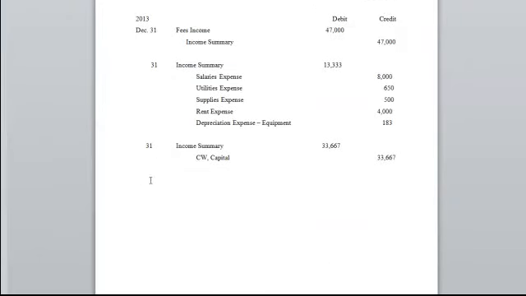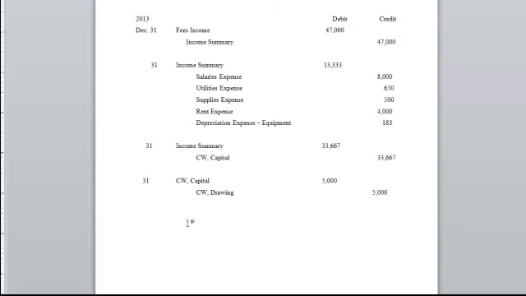So I go down here and record in my general journal a debit to Carolyn Wells Capital for $5,000 and a credit to Carolyn Wells Drawing for $5,000.